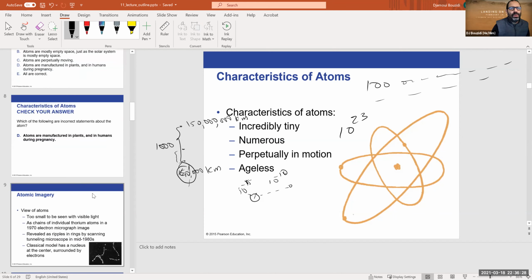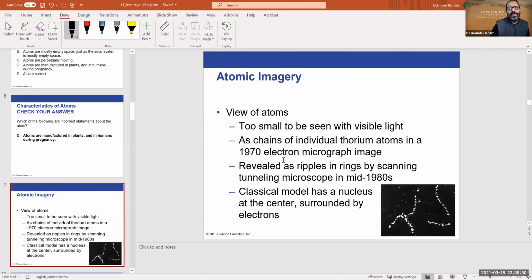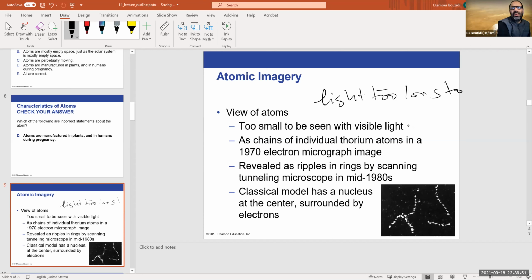Okay. We need to get, so again, I talked about how to take pictures of it. It is too small to be seen with visible light, even with the shortest wavelength, the blue or even the violet. Light is too long to resolve atoms.